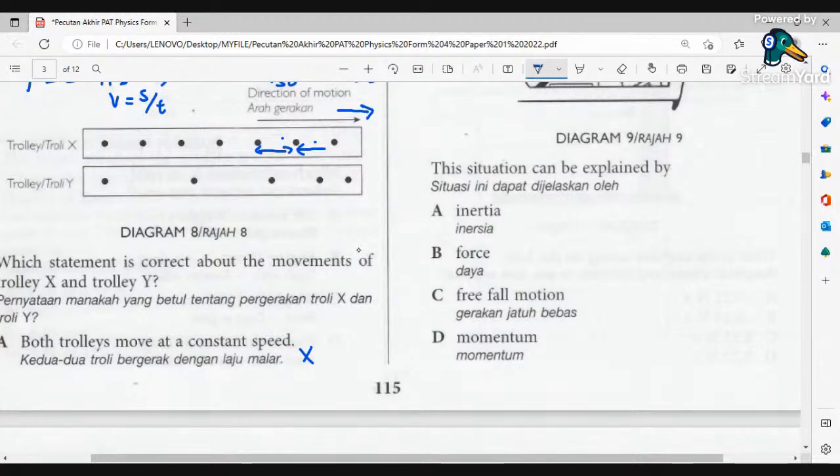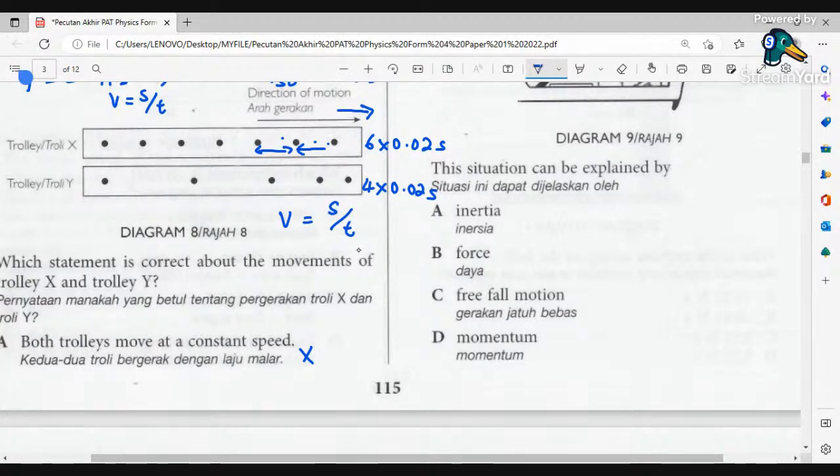For the first one, we have 1, 2, 3, 4, 5, 6 tick, meaning 6 times 0.02 second. This one 1, 2, 3, 4, 4 times 0.02 second. Okay. Average velocity is S divided by T.